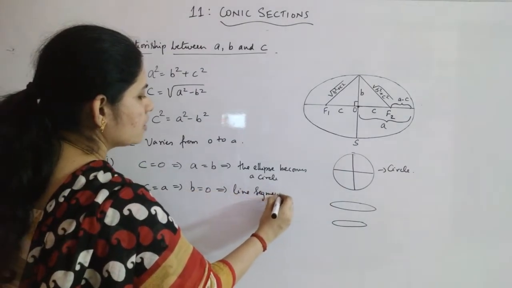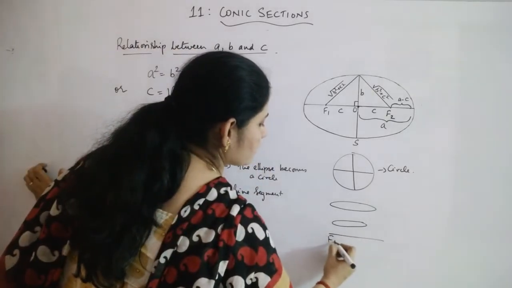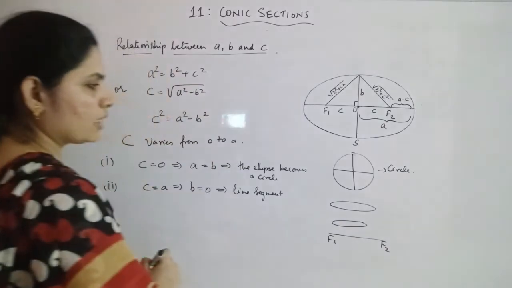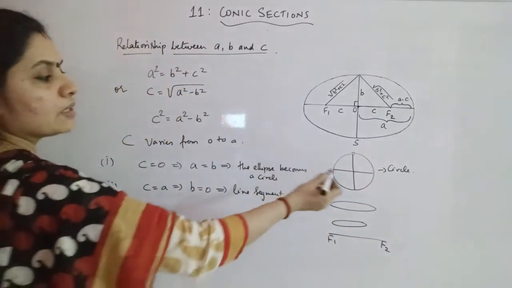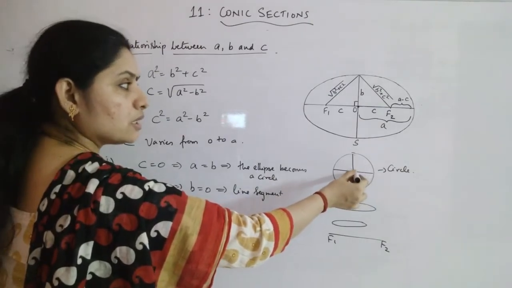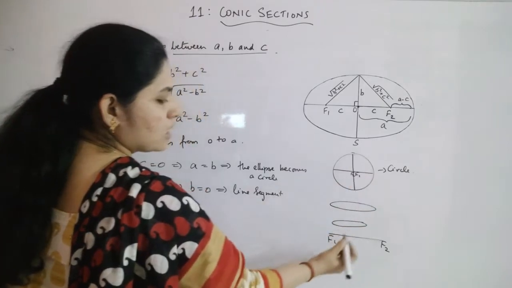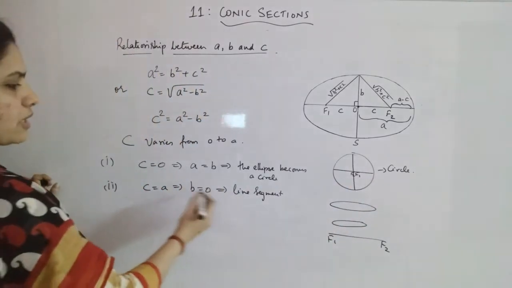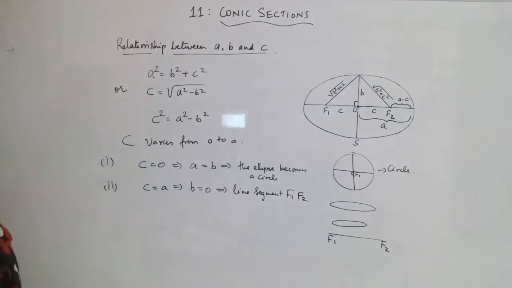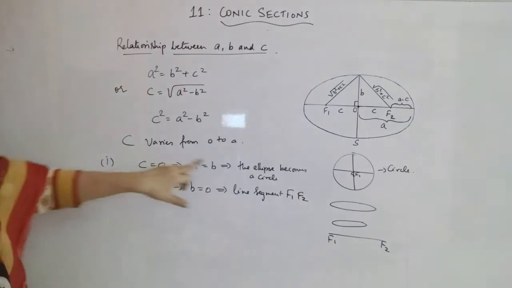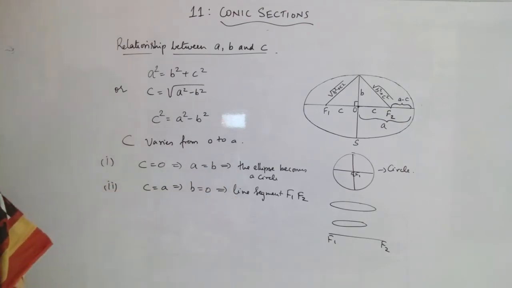It will reduce to a line segment like this, F1, F2. Here you have F1 and F2 merged in the center itself, but in the second case you have this to be a line segment. So the first case will give you a circle and the second case will give you a line segment.